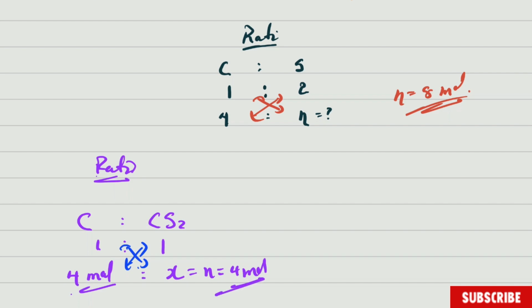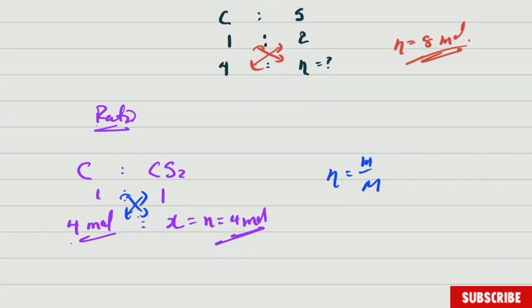So guys, we're going to calculate the mass of carbon disulfide using once more the formula of number of moles, mass divided by molar mass. For carbon disulfide, if you calculate the molar mass, which we are going to do real fast here, this one will be equal to 12 plus 2 times 32, and then the molar mass is going to be 76 grams per mole.